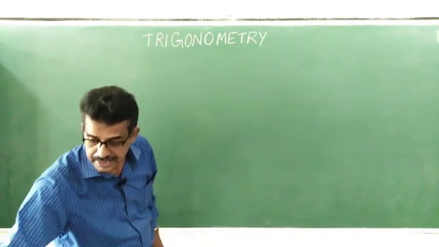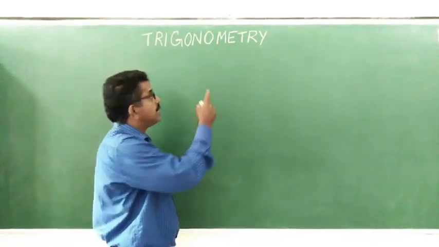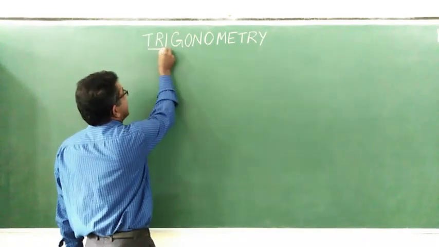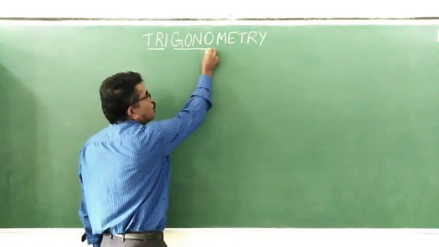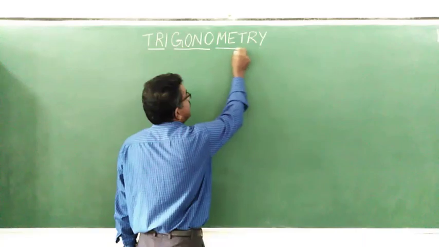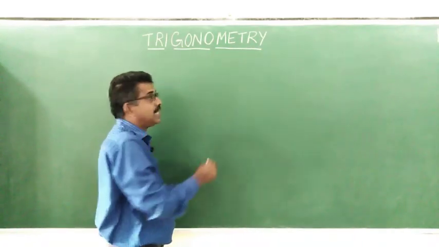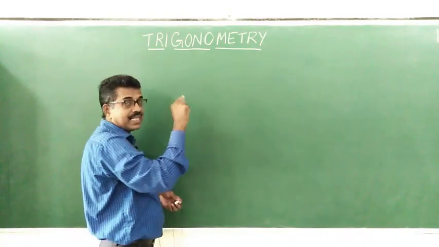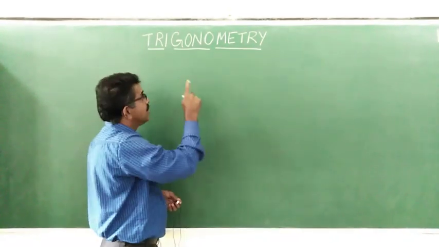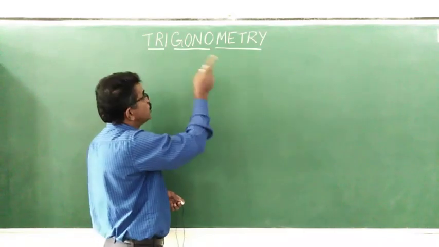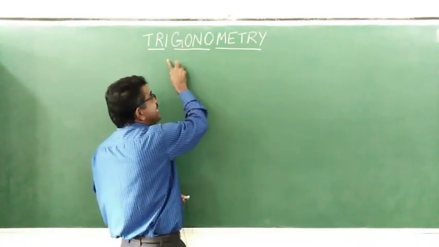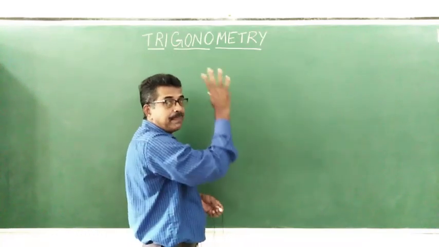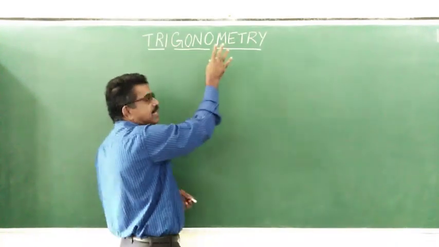This particular word is a combination of three words: tri, gono, and metric. Tri means three, gono means angles, so three angles. Metric means measurement, so it is simply the study of three angles.